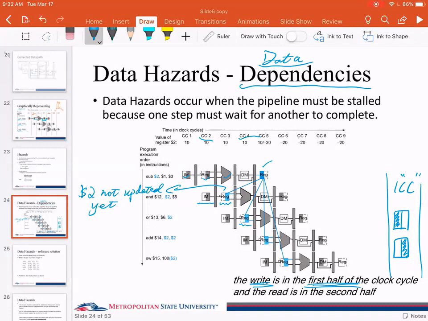And on the fourth instruction, you could actually do that, because even though you're reading and writing the same location, you could get the writing and the reading separate in the first half and second half of that clock cycle. So there won't be any problem for this one. However, there will be a problem for the second one and the third one.